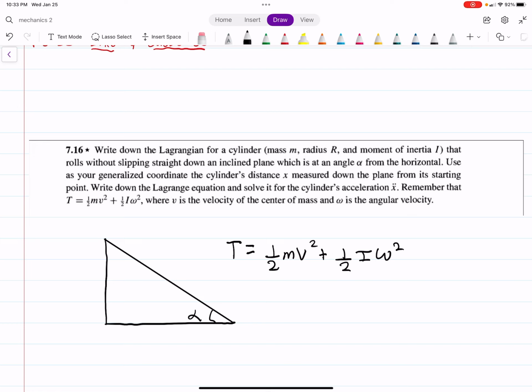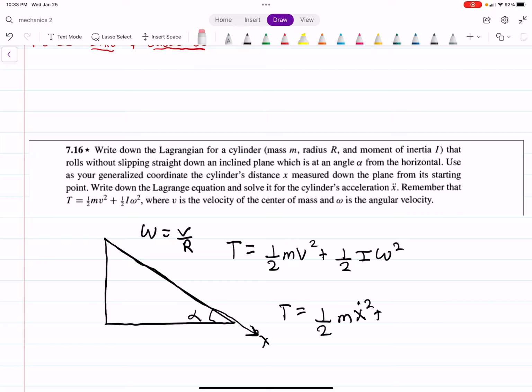And if we let this slope be our x-axis, and we rewrite omega as v over r, then our kinetic energy is going to be 1/2 m x dot squared plus 1/2 I x dot squared over r squared.